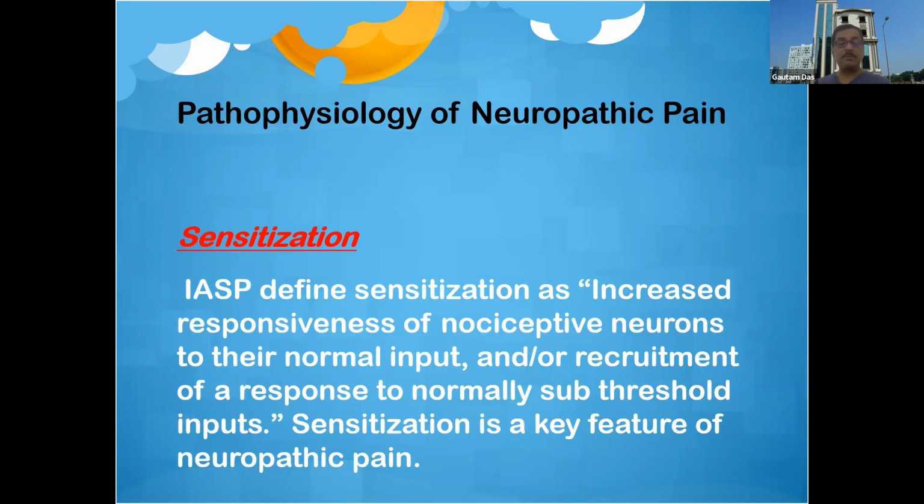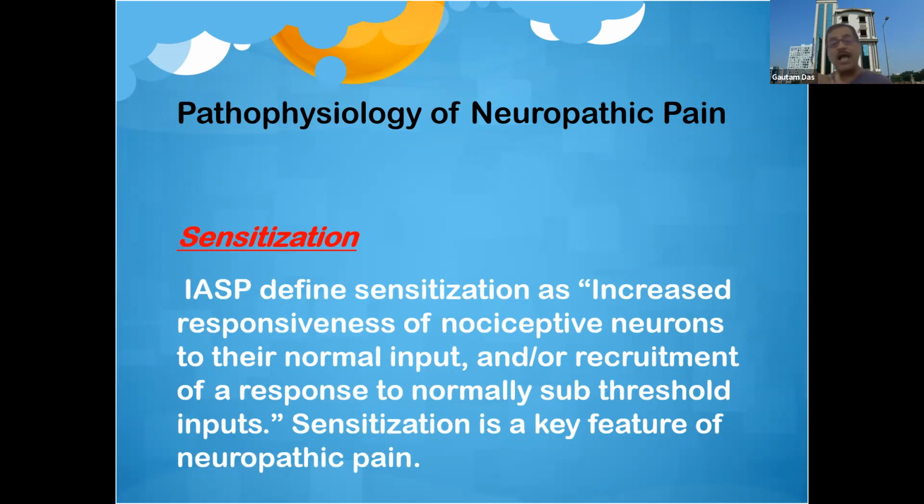Sensitization can be broadly classified into peripheral sensitization and central sensitization. What exactly is sensitization? This is the definition, but to remember it simply: the noxious stimulus is getting amplified. In a healthy individual, a small prick produces a small amount of pain, but in a sensitized person, he will feel a lot of pain.